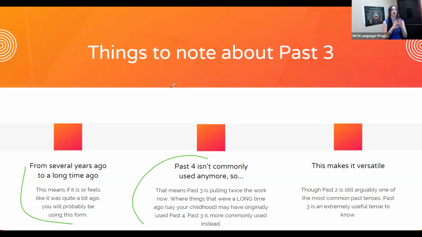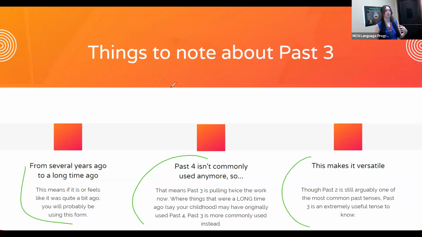So a long time ago, the pasts were divided differently. They've become where they are now within, I think, like I said, the last 100 years. So now past 3 is anything from that wonky in-between range to childhood, basically. But what's cool about that is that this makes past 3 very versatile.